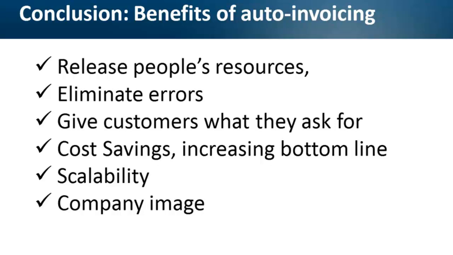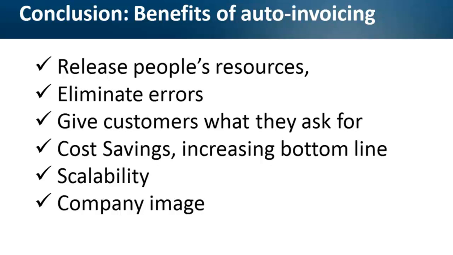And in conclusion, I just want to recap briefly what we talked about today. We talked about the invoicing process in QAD and its disadvantages. We talked about the benefits of automating the process versus leaving it as is. The benefits would include releasing resources, eliminating errors, and the ability to give your customers what they may already be asking for.